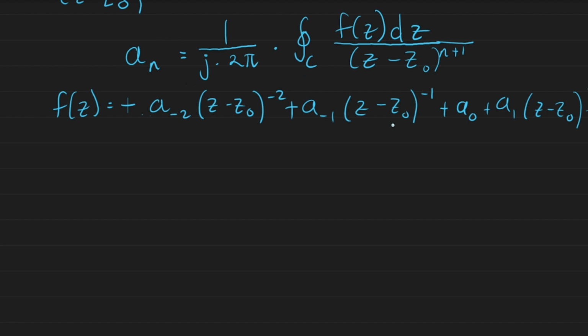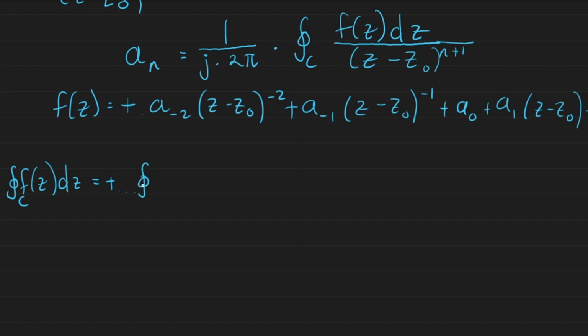So what we're going to do now is something interesting. We are now going to integrate f of z. We're going to take the integral of f of z around that same closed path. So we're going to integrate f of z dz around that closed path of C. And we're doing this with f of z, so we can do this with each term of the Laurent series.